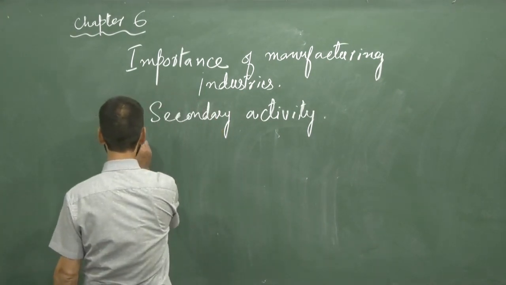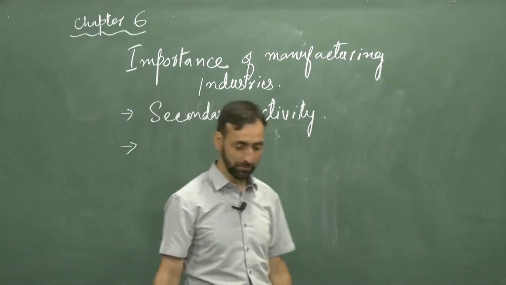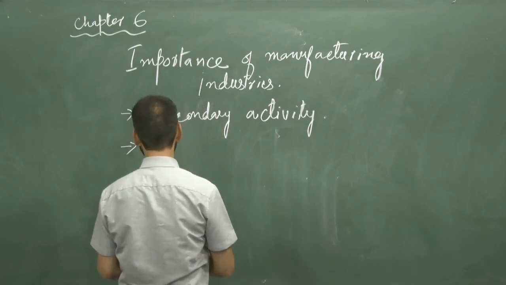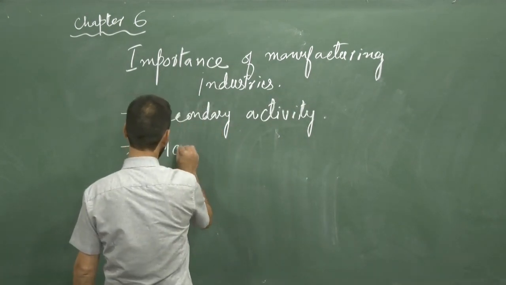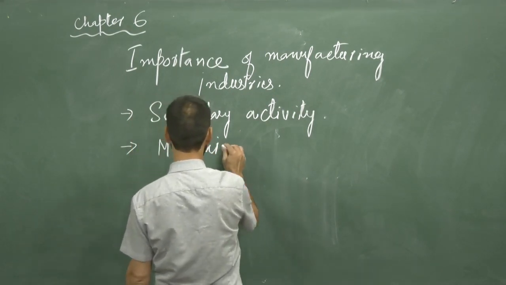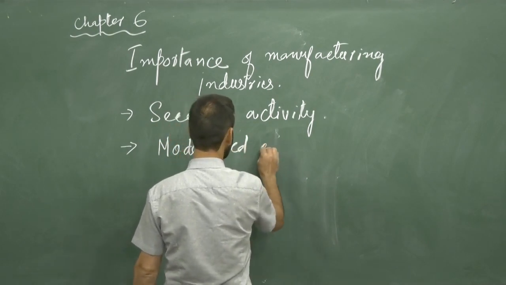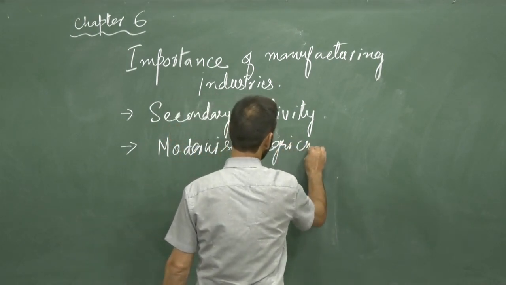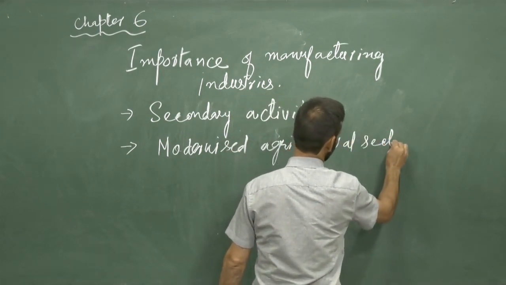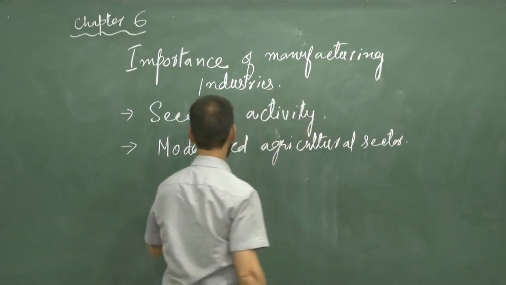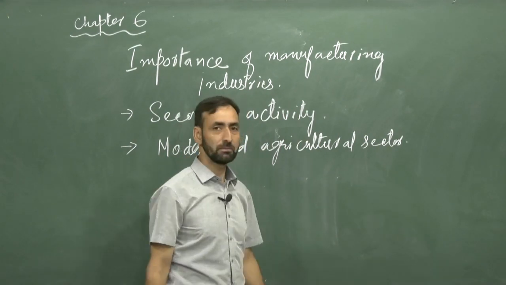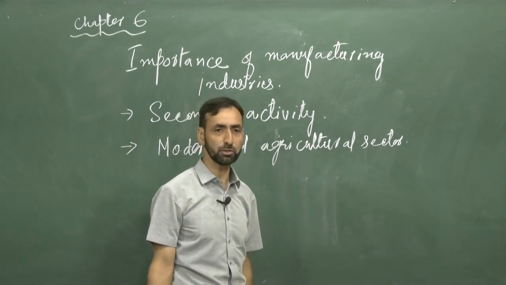What is the first importance of manufacturing industries? It modernizes the agricultural sector. In ancient times, agricultural activities were done with simple tools.